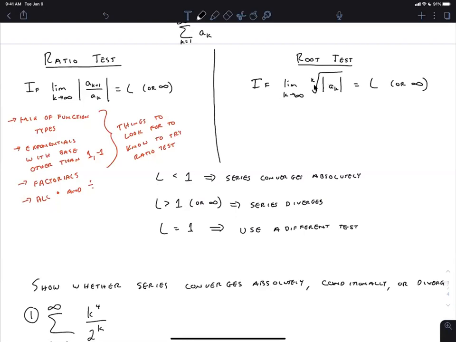The root test, the idea is, okay, well, you take the k root of everything. And so let's actually do an example, and then we'll kind of talk about why it works and then when to use it.